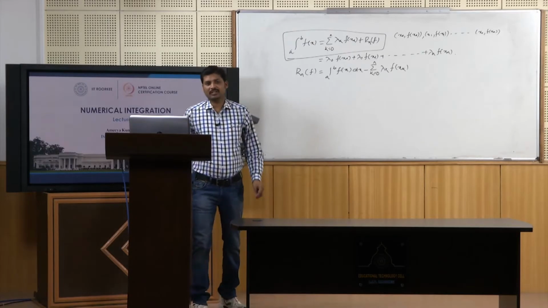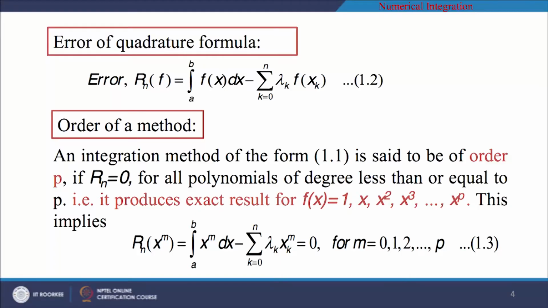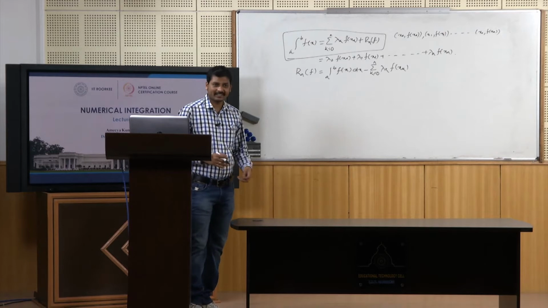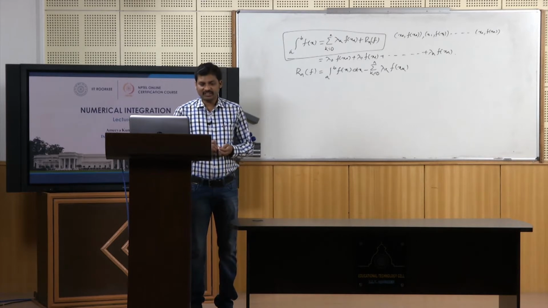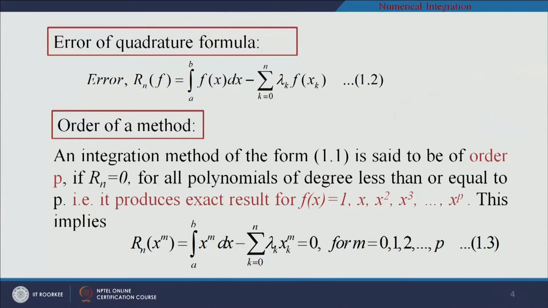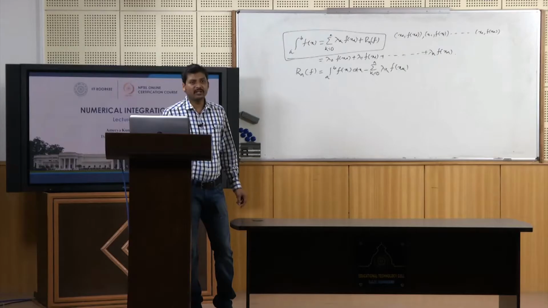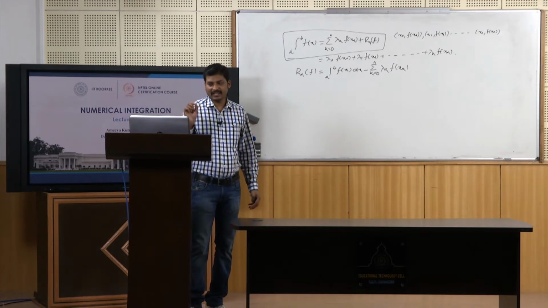Sometimes we define the order of a method. Suppose the function is exact for polynomials up to some order. Then we say that an integration method of the form integral a to b f of x dx equals summation k equals 0 to n lambda k f of x k plus Rn f can be of order p if Rn of f equals 0 for all polynomials of degree less than or equal to p.